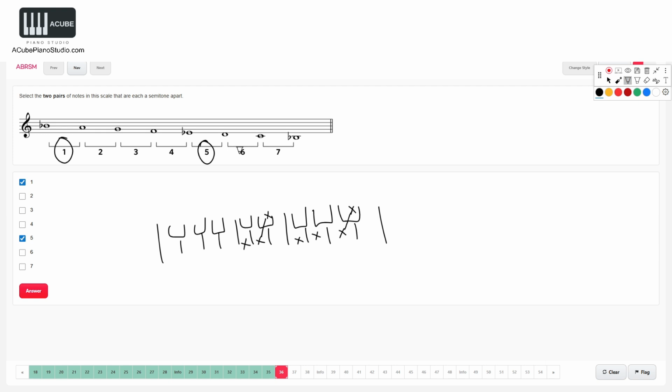So no, 6 is not a semitone apart. Finally, C to B flat: 1, 2, two semitones, which equals a tone, so therefore 7 is not a semitone apart. So the answer is 1 and 5. You can use both ways, depending on whether you prefer to memorize or to mark it down. You'll get the same answer.